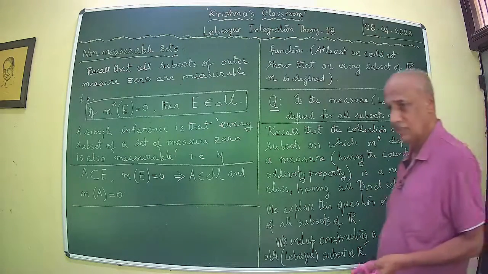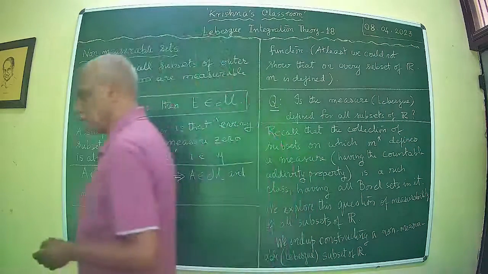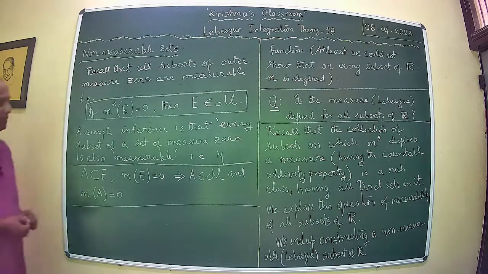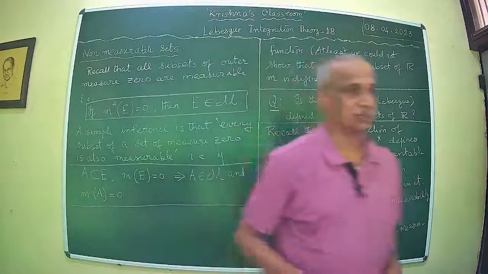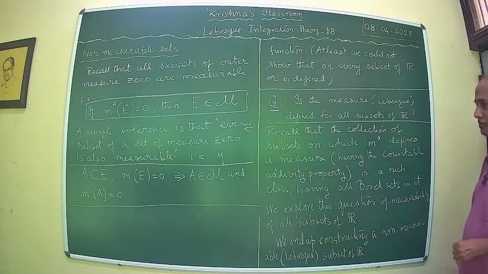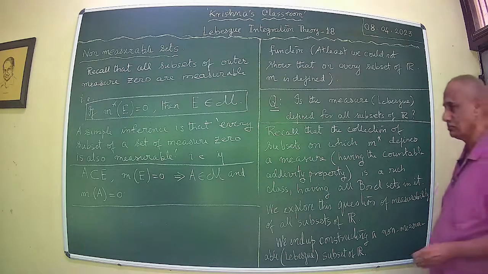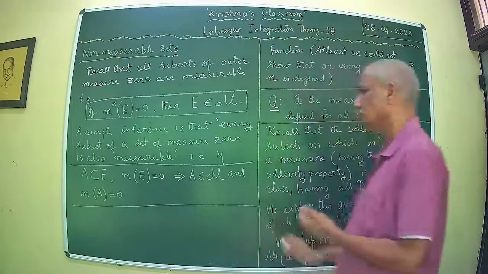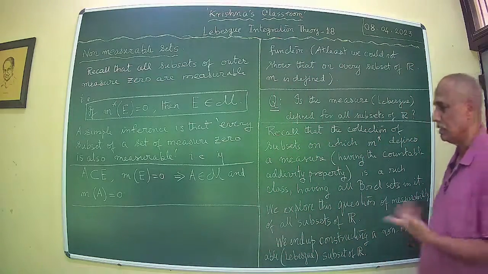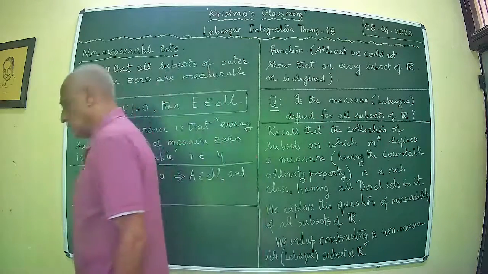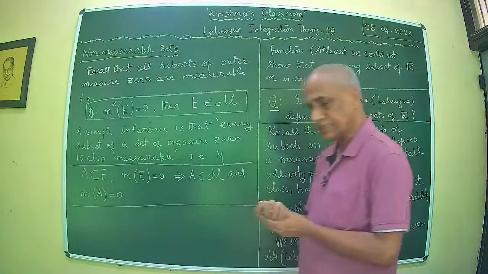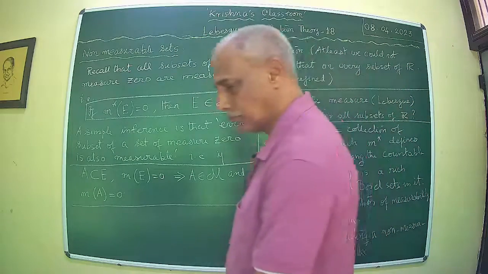So the search for non-measurable sets is now confined to sets of measure not equal to 0, or sets of outer measure not equal to 0. Before we prove this, we construct or work out some tools for it.